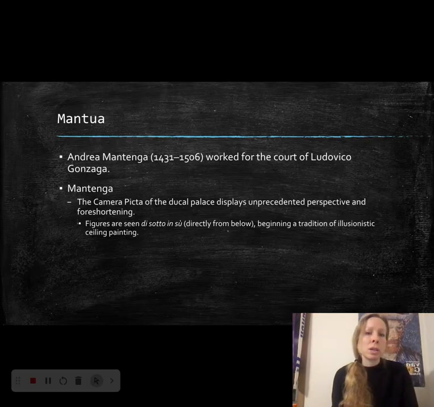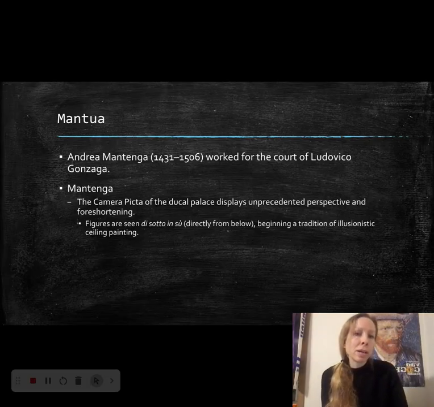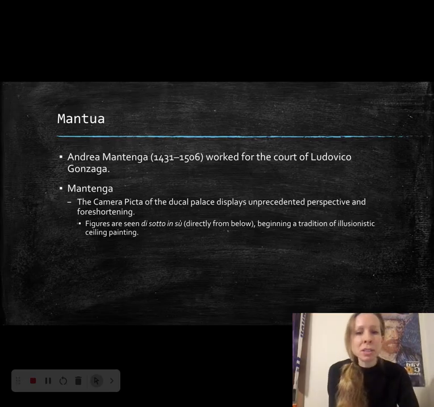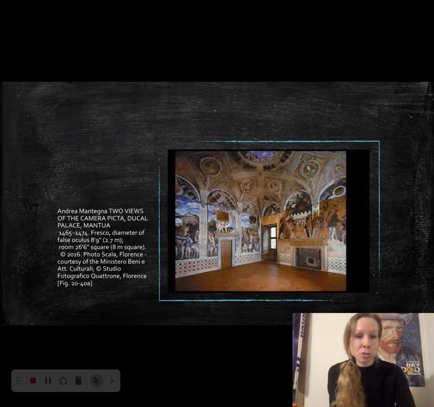So Andrea Mantegna worked for the court of Ludovico Gonzaga. So the Camera Picta of the Ducal Palace displays unprecedented perspective and foreshortening. So it's also incorporated into architecture too, as you can see here.